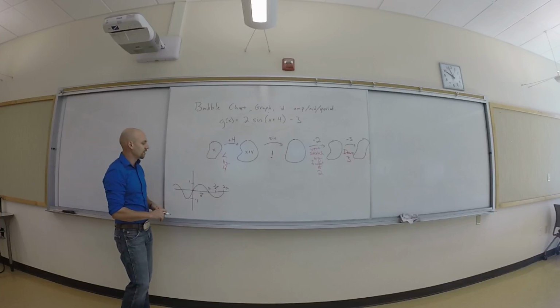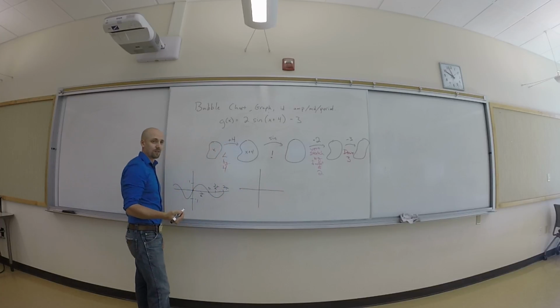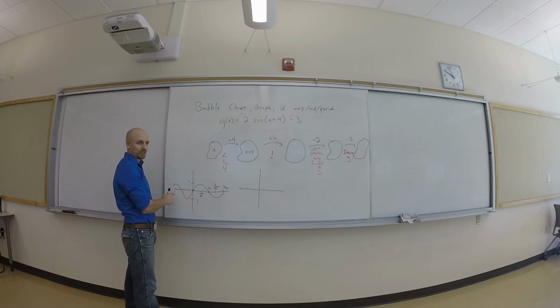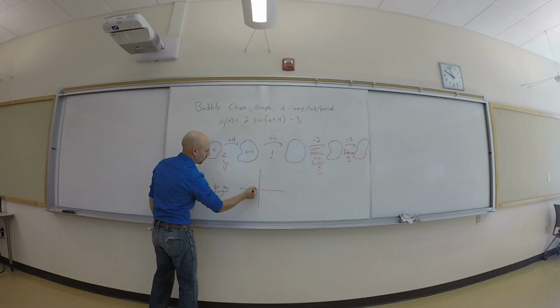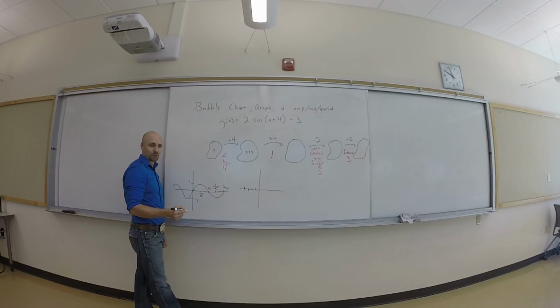Okay, so then I need to go left by 4 units. So I draw a new picture, right? And this needs to go left 4 units. Okay, so I go 1, 2, 3, 4 units, dot. All right, now comes the confusing part. Where did this one go?